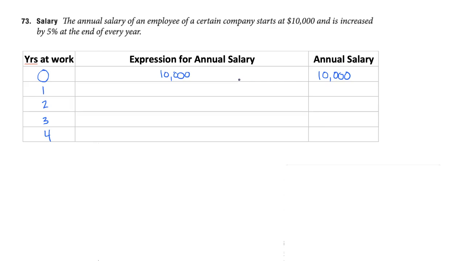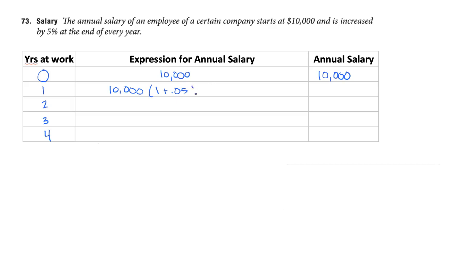But after a year, and this is where people have a challenging time with this, so take a moment, pause after I say this, and think about it if it doesn't make sense. So that's the joy of a video. You can stop and think about things. All right, so the expression for the annual salary is going to be, it's going to go up by 5%. So we take 10,000, the amount that they're making when they start, and we multiply it by 1 plus 0.05, 5%.